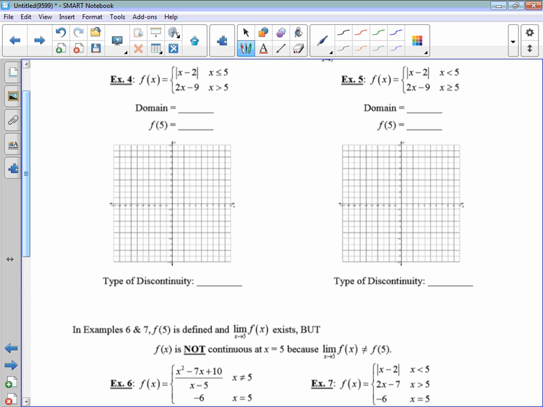So, 4th one here, let's try to graph this again. This looks a lot like the piecewise graph we just did, doesn't it? What's the only thing that is different? Greater than. Yeah, this is greater than or equal to. So I know I'm going to have a filled in dot at 5, 3. But then the rest of it is going to look the same.